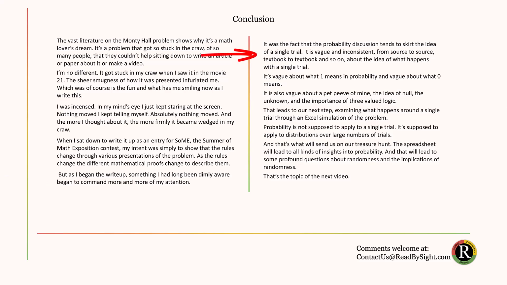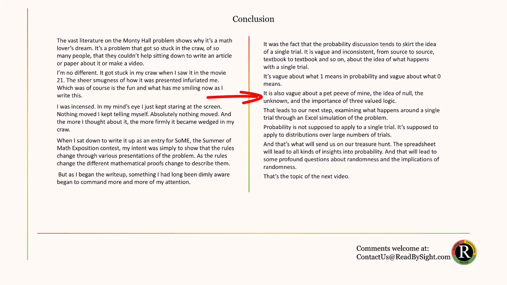It was the fact that the probability discussion tends to skirt the idea of a single trial. It is vague and inconsistent from source to source, textbook to textbook, and so on, about the idea of what happens with a single trial. It's vague about what 1 means in probability and vague about what 0 means. It's also vague about a pet peeve of mine, the idea of null, the unknown, and the importance of 3-valued logic.